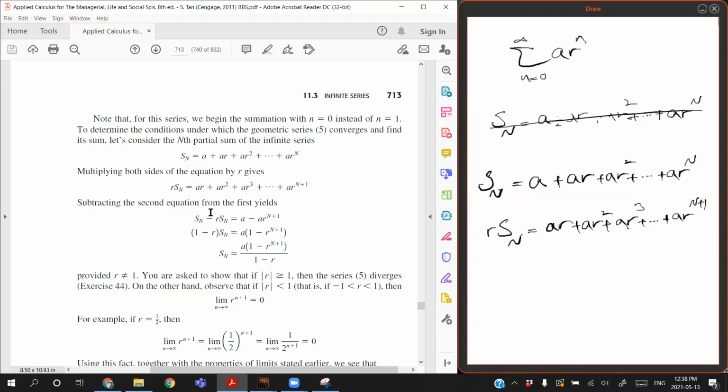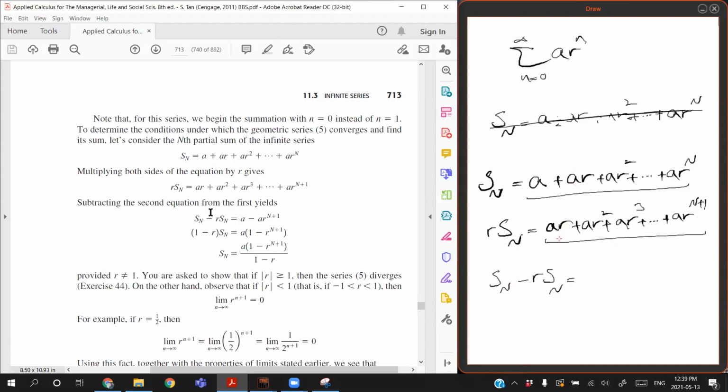Now, since this side is equal to this side, and this side is equal to this side, if I do this minus this, that's going to be the same as this minus this. So Sn minus r times Sn is going to be this expression here minus this expression. And look what happens if I do Sn minus r times Sn.